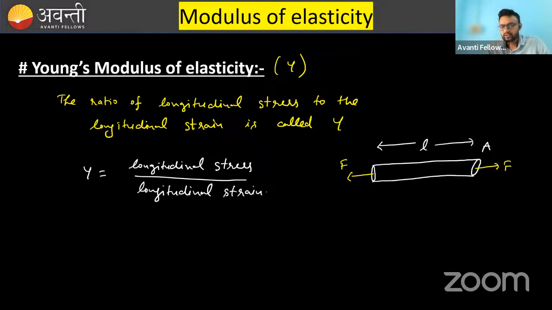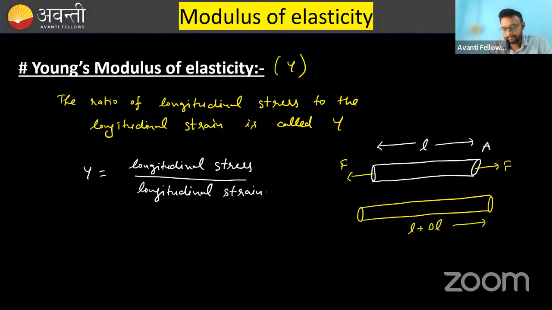Due to this force, the length of the rod changes and it becomes elongated like this. So now its length has become L plus delta L.